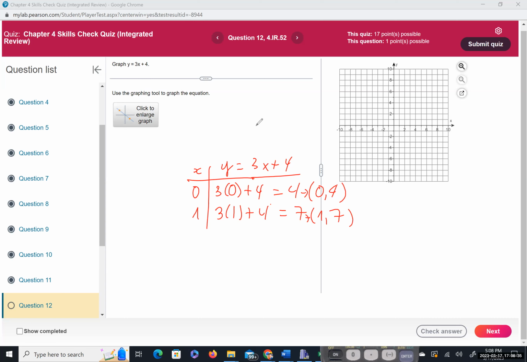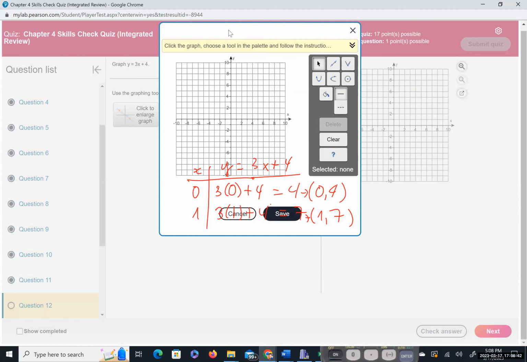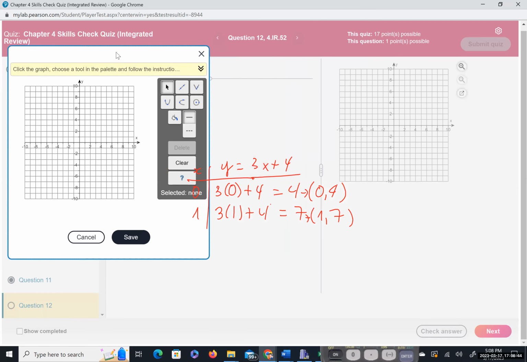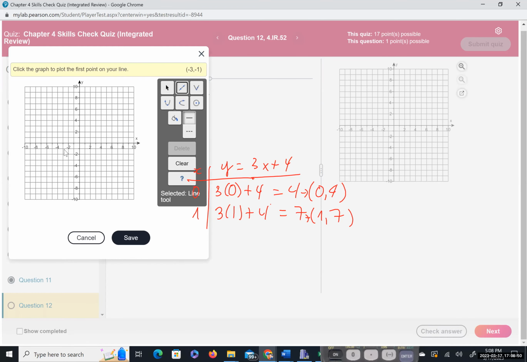Okay, so let's start to graph it. Click this one. All right, so they want you to draw a line. So click the line here. Choose 2 points. The first point was 0, 4, right? 0 and then up to 4 here.